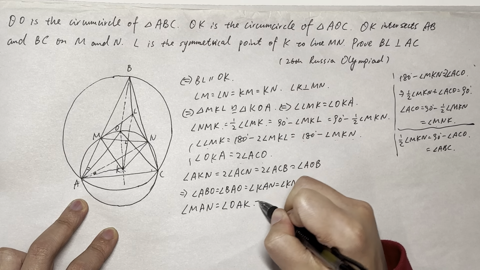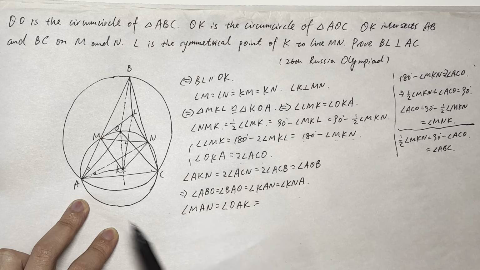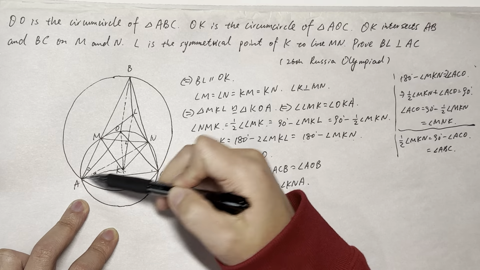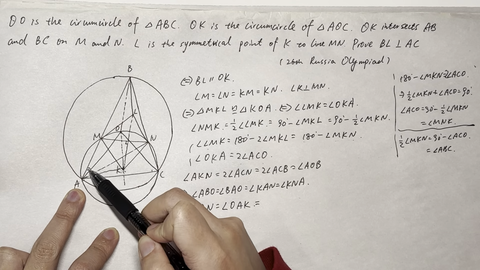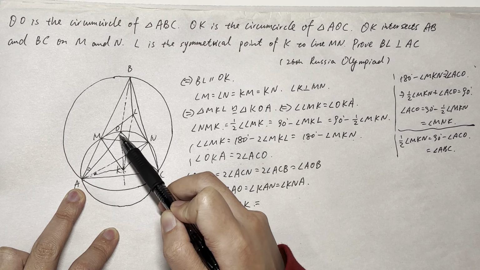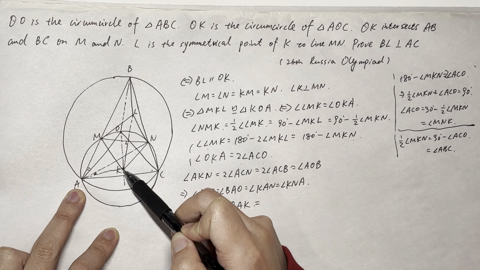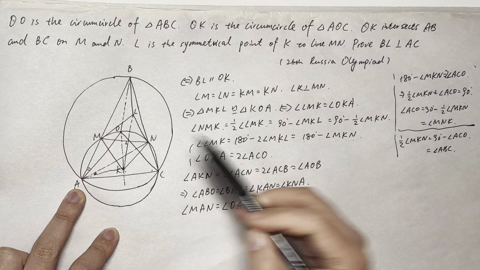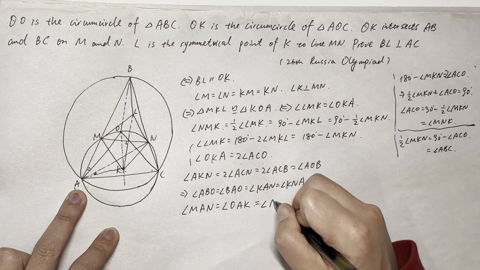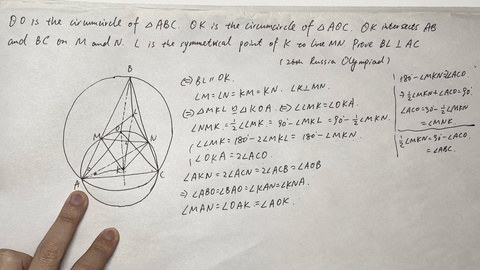Right? And angle MAN, this one, equals angle OAK because this angle equals this angle. And angle OAK equals angle AOK because KO equals AK. Right?